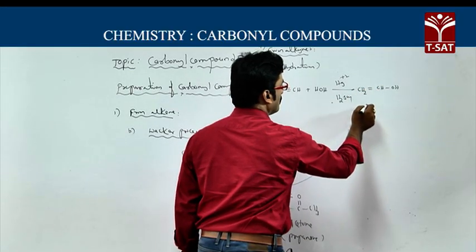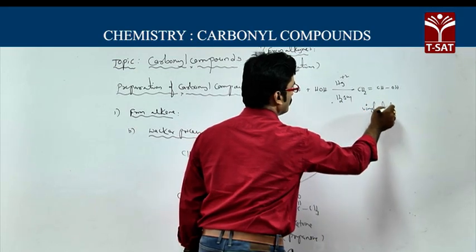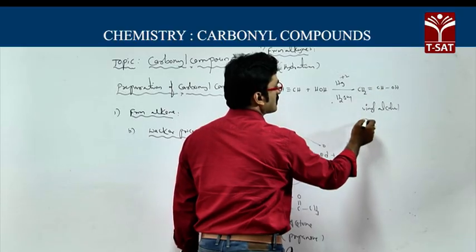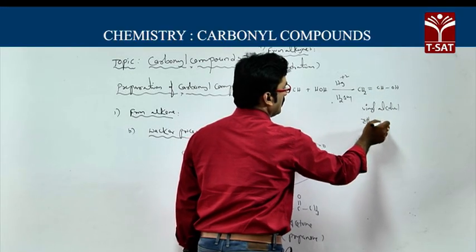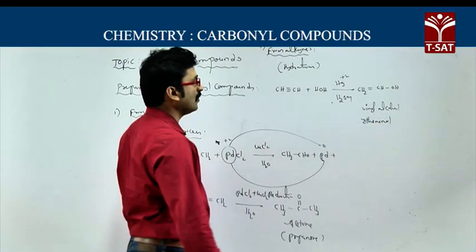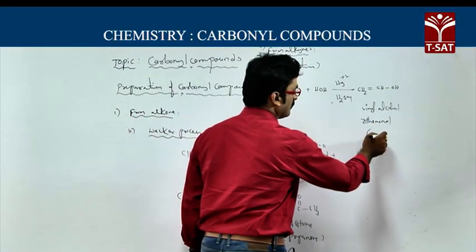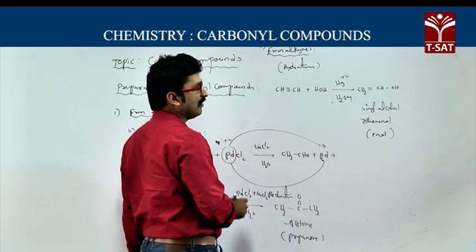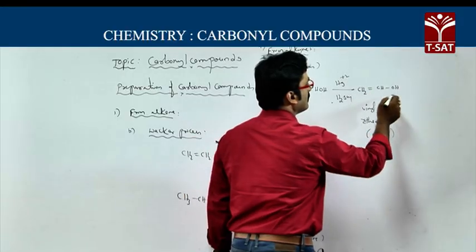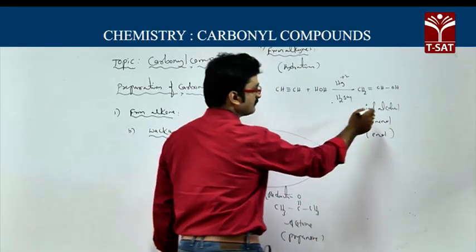This is called vinyl alcohol, or it is also called ethenol, the enol form of vinyl alcohol. This is an enol form, and this will undergo tautomerism.